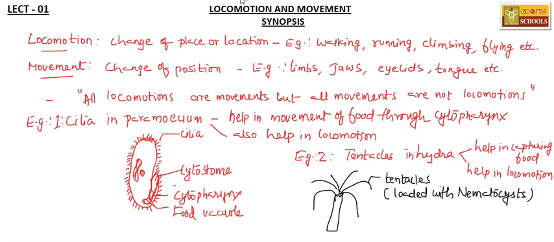If the Hydra wants to change its location or place, then by using the tentacles it will move from, say, point A to point B. It shows a variety of movements like somersault movements, and with the help of those somersault movements it can change the place.